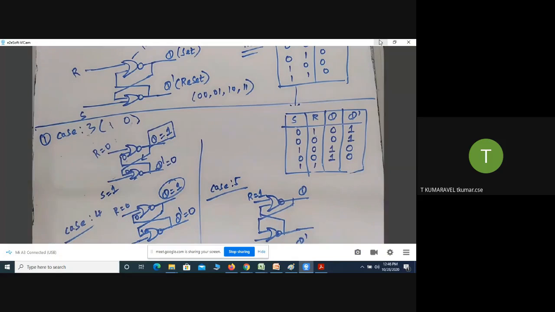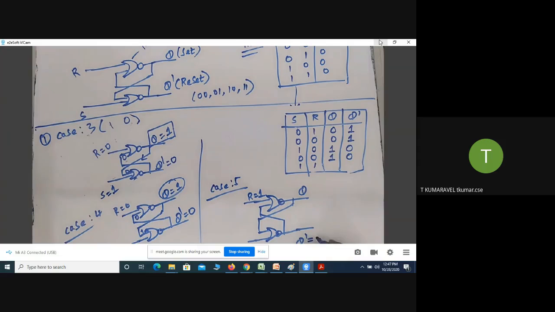Okay, 0 0. So what happened? Listen, S equal to 1 and R equal to 1.